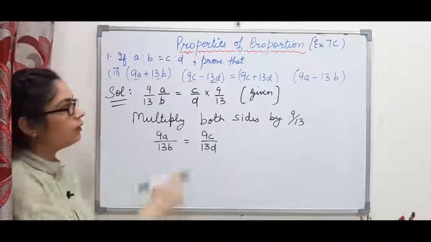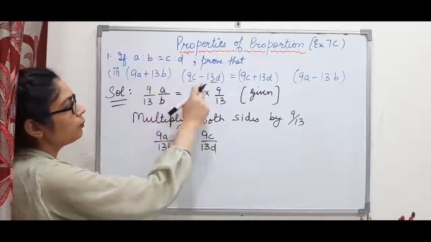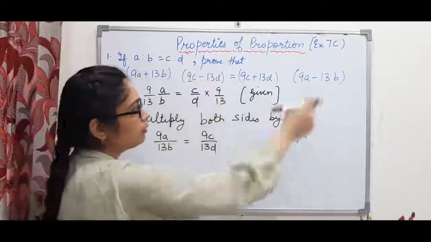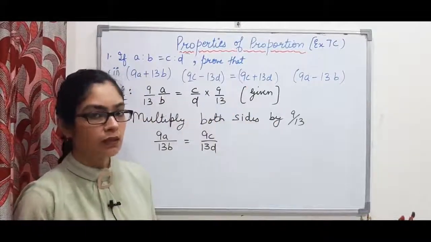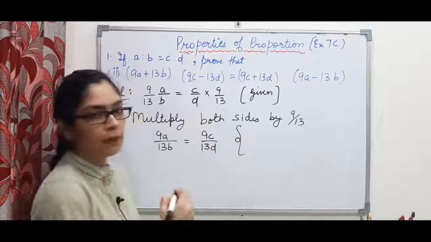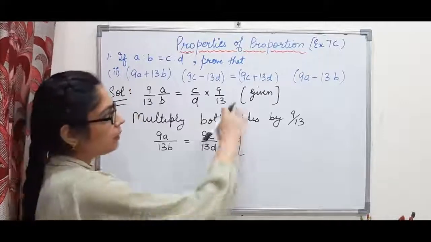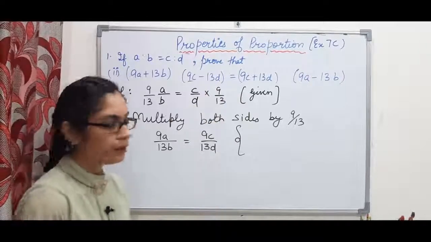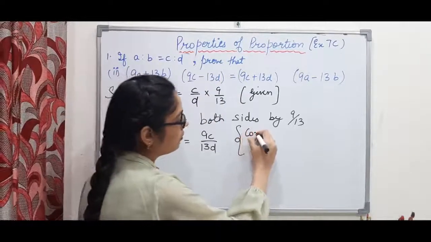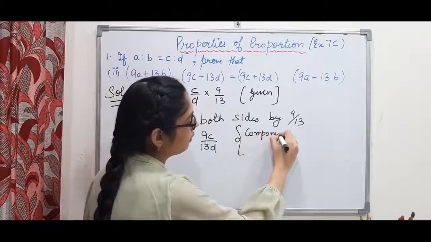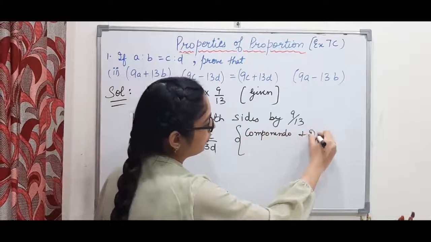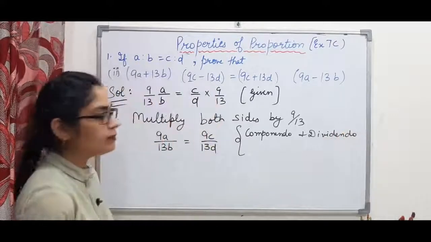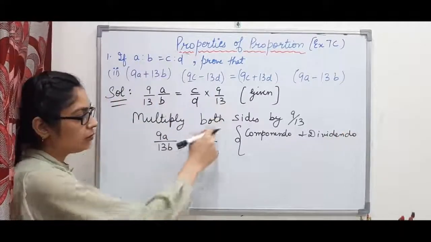Now if we see what we have to prove, then we can see one is plus, one is minus, plus minus. So like we did in the previous question also, the property in which both plus term and minus term are there, that is componendo and dividendo. So here also we will apply componendo and dividendo. So according to componendo and dividendo, if a by b is equals to c by d.